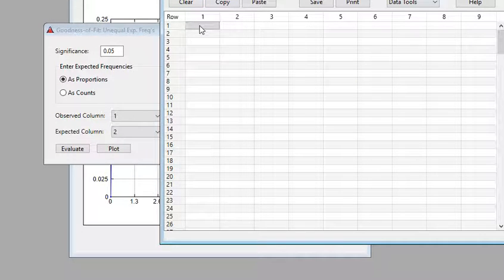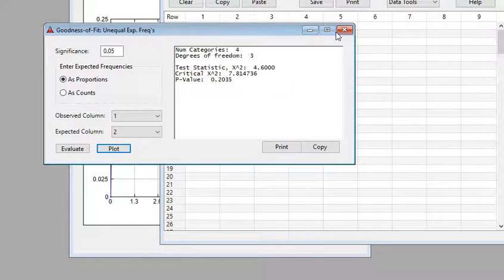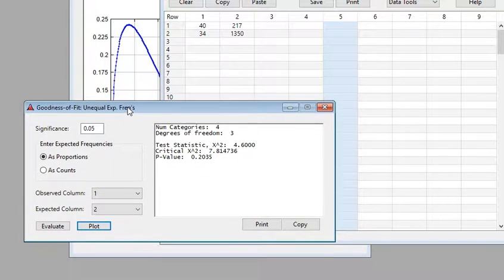And we just have a couple quick columns to work with. 40 and 34 for one column. And where's the other one? 217 and 1350. So pretty nice. While you're entering those, I'll close out a couple of other things here.